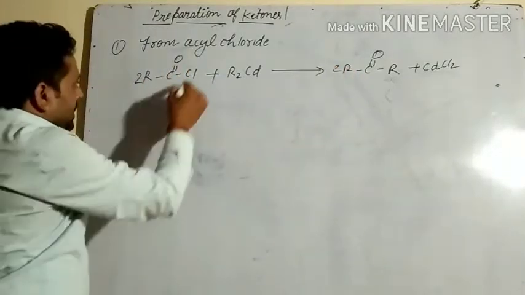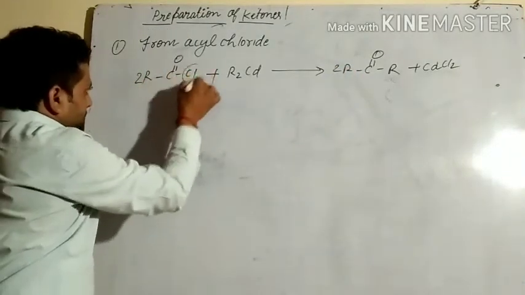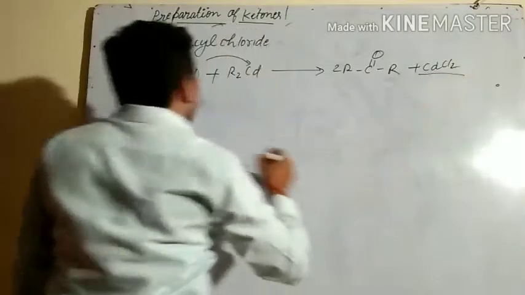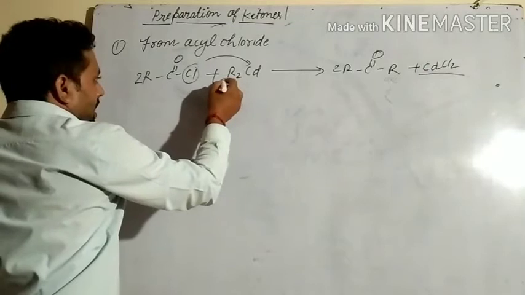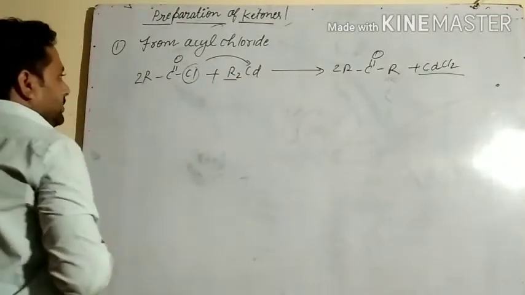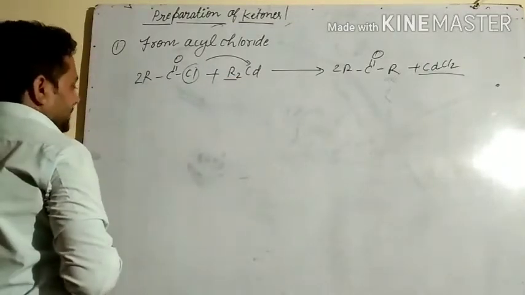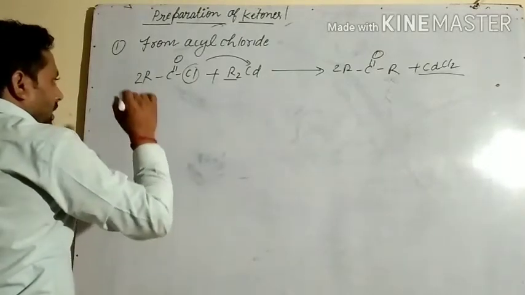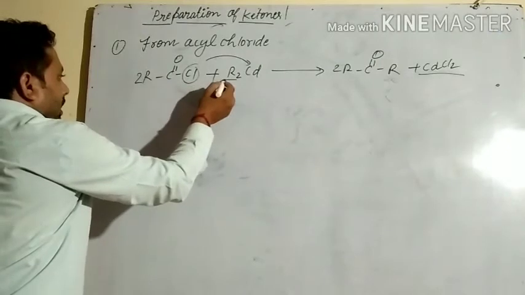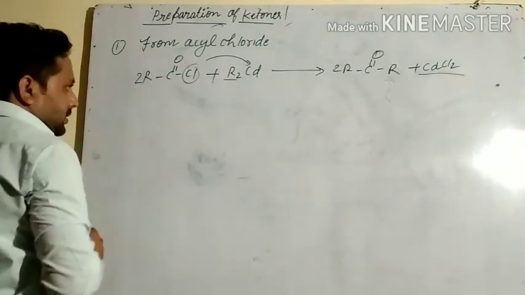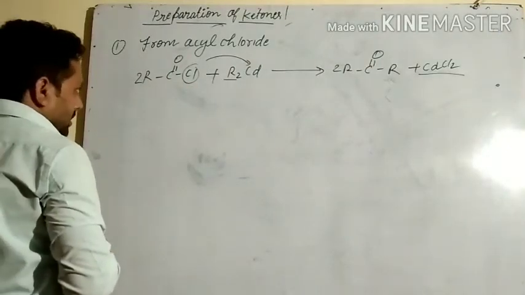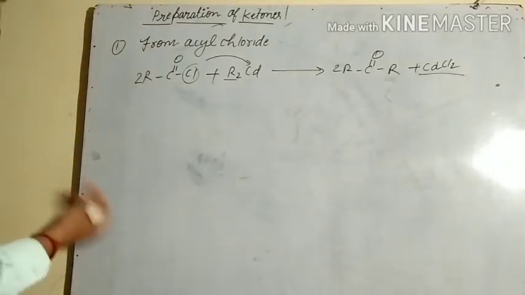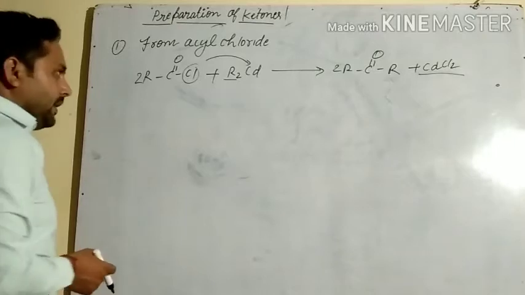So here these 2 Cl react with this, it forms CdCl2, and R2 means 2 alkyl groups are there, they bond to this. Okay, and it forms the product.